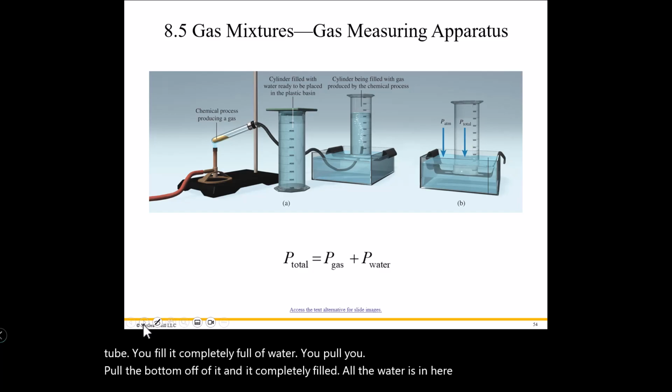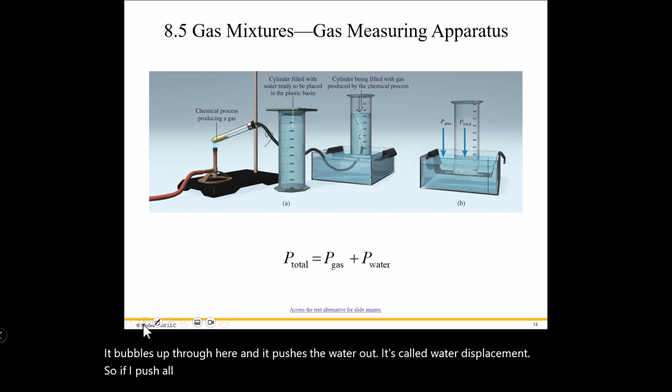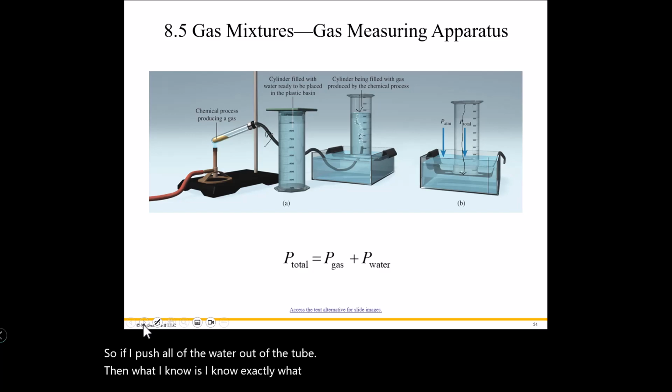And then as the gas is generated here, it bubbles up through here and it pushes the water out. It's called water displacement. So if I push all of the water out of the tube, then I know exactly what volume of gas I have here.